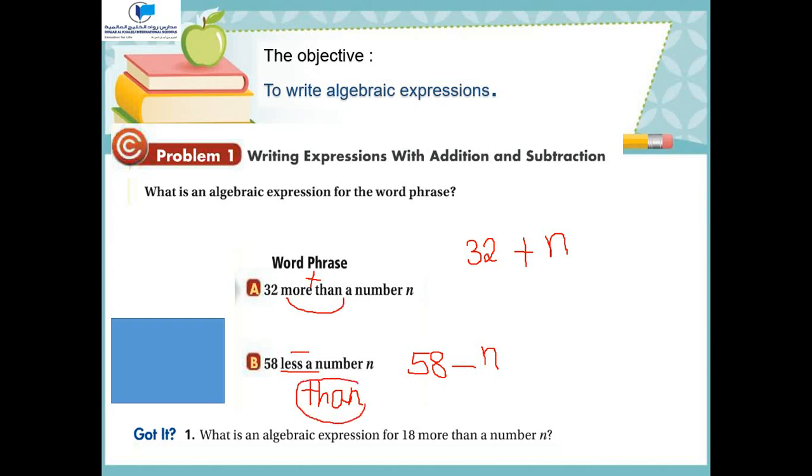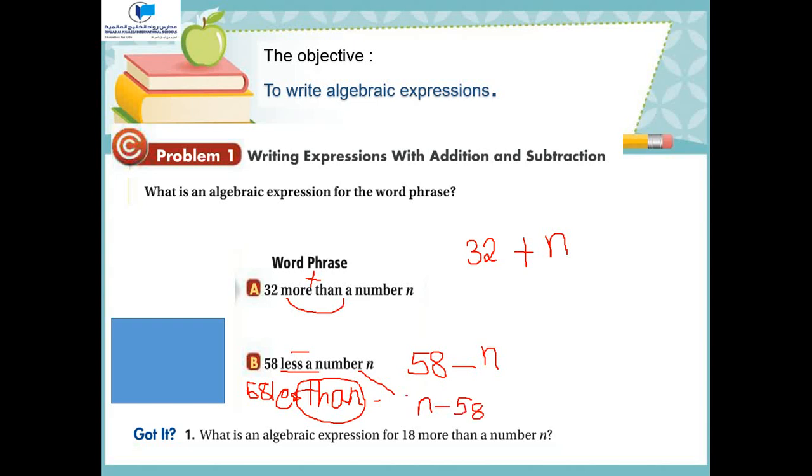If you have less than, for example, 58 less than a number n, in this case you are going to change the order. You will write n minus 58.